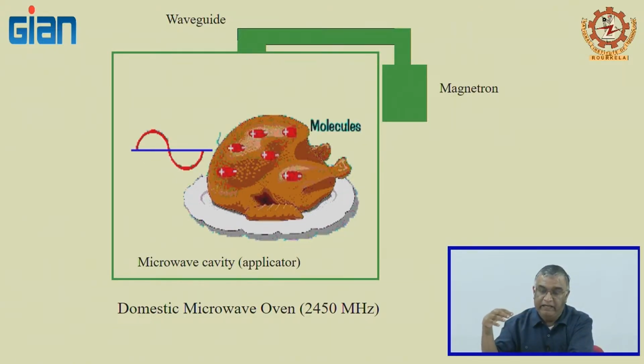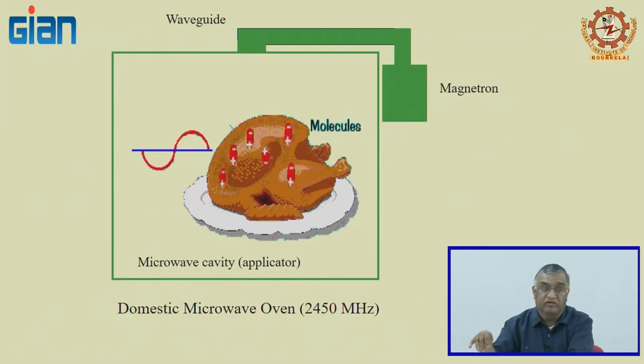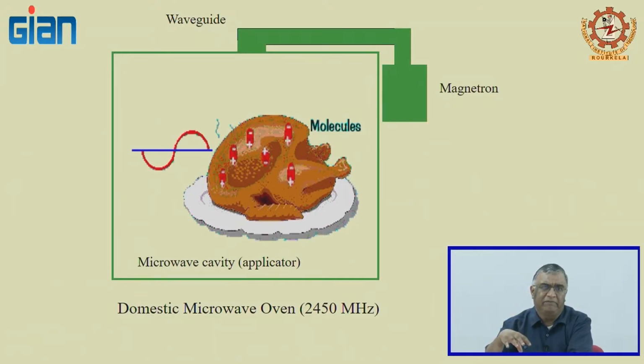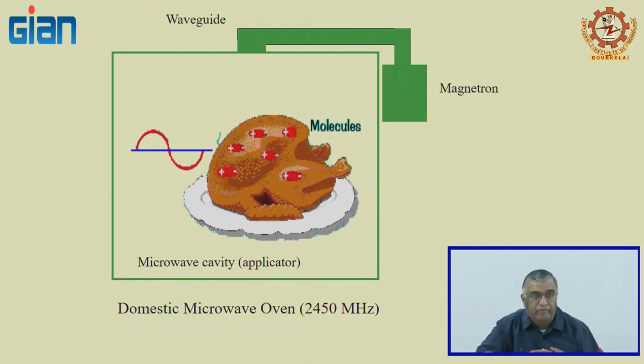In the same way, within the microwave, you have a magnetron which generates the microwave, and then you have a waveguide which transfers the wave into a chamber, and then it distributes. You can have a chamber designed in such a way that the wave is reflected from different ports and then focused on your sample.